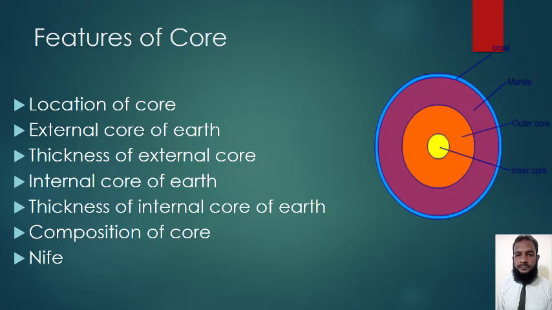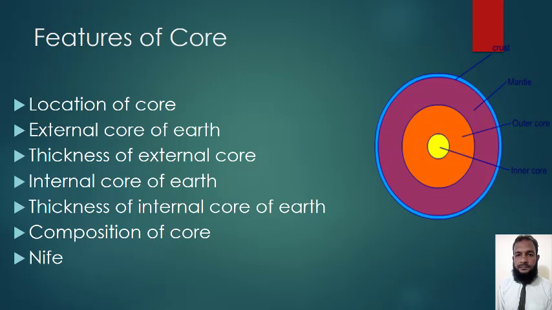It also consists of two parts, as shown in pictures: outer core and inner core. External core is in liquid form below the mantle. It mostly consists of molten rocks. Its thickness is 2 to 50 kilometers.